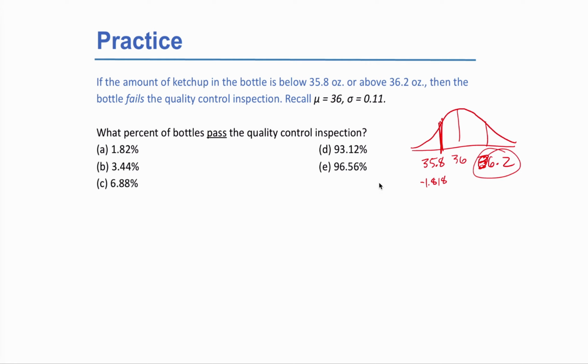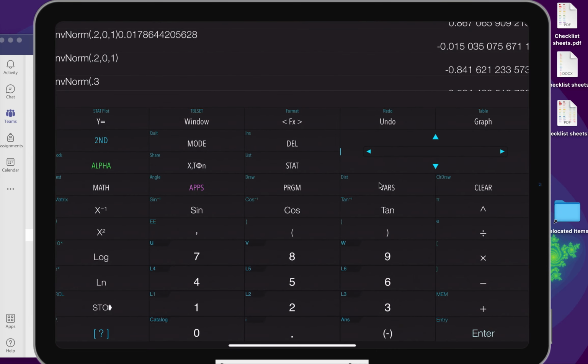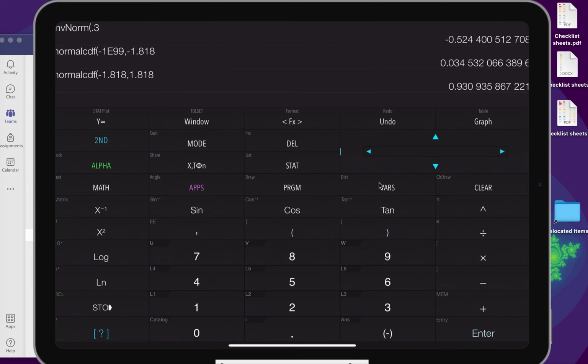The z-score for this is going to be 36.2 minus 36 over 0.11, which I can tell you is going to be positive 1.818. So then, use the calculator to give me the normal distribution from negative 1.818 to positive 1.818. That's 93.1%.